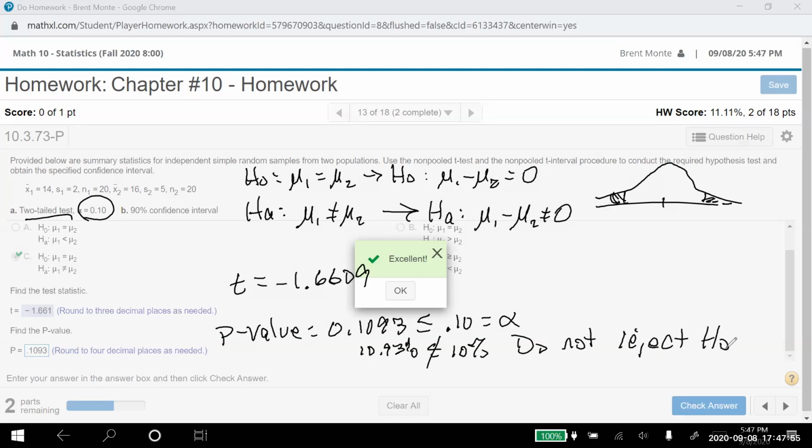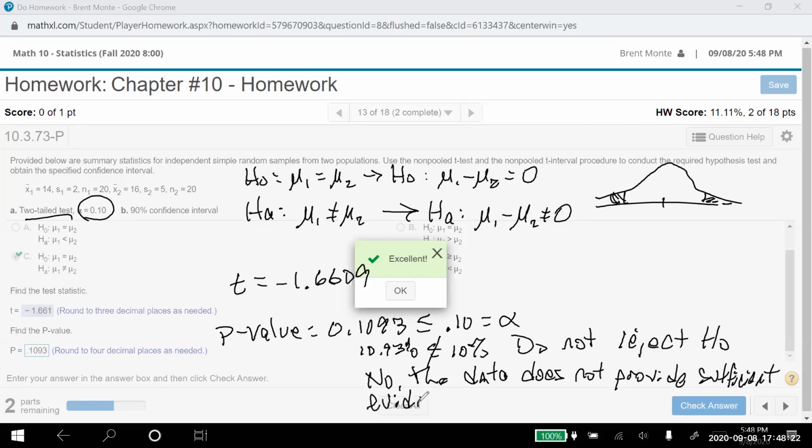That means we can't go with the alternative. So we have to say, no, the data is not sufficient to show that there's a difference in population means. We would say the data does not provide sufficient evidence, and I'll state it the way we wrote it here, that mu1 is not equal to mu2.